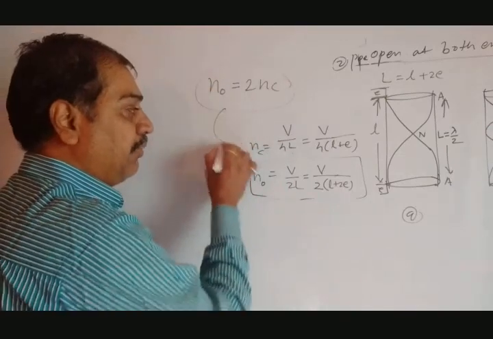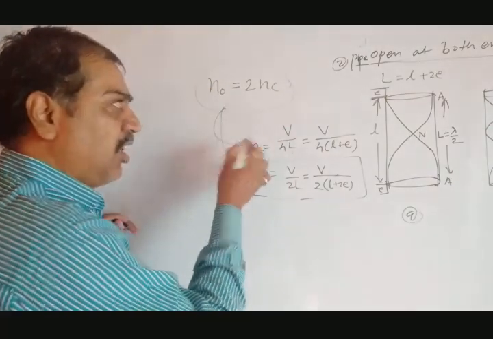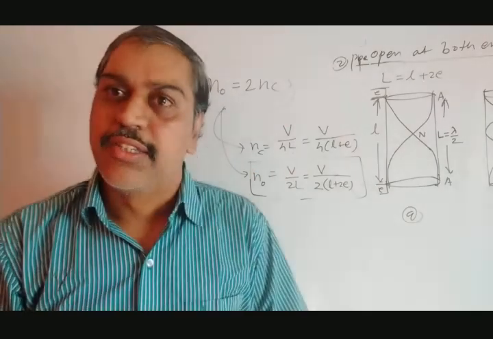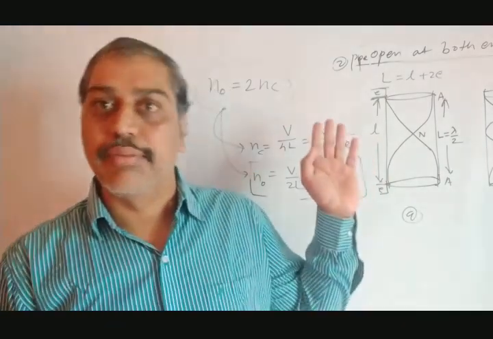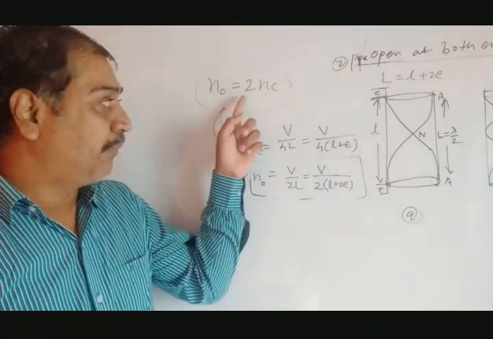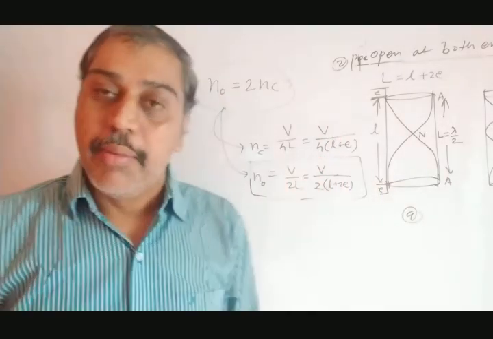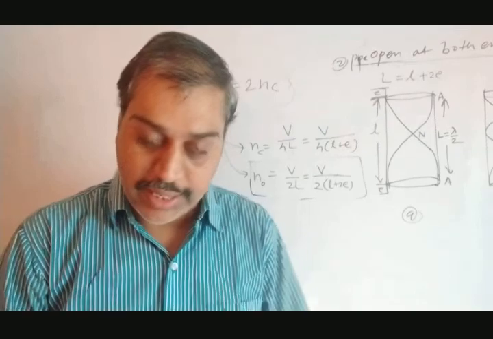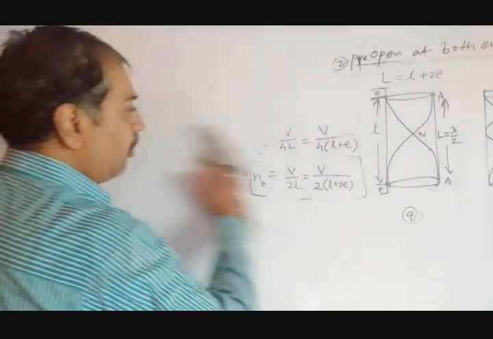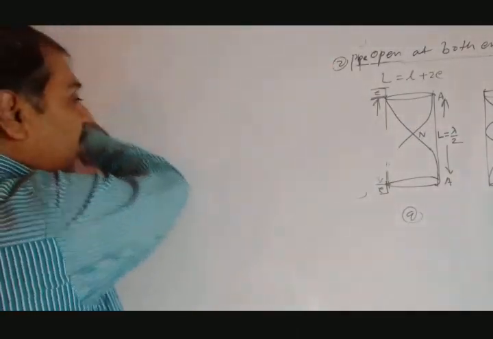You can derive this equation from these two equations. Try to solve it. Just put the values, solve them, and find out the relation. You get this equation. So the frequency of a pipe open at both ends is double that of the pipe open at one end and closed at the other. Apart from this, in your book there are some calculations shown for end correction determination. They have derived some simple mathematical formulae that we have to use.